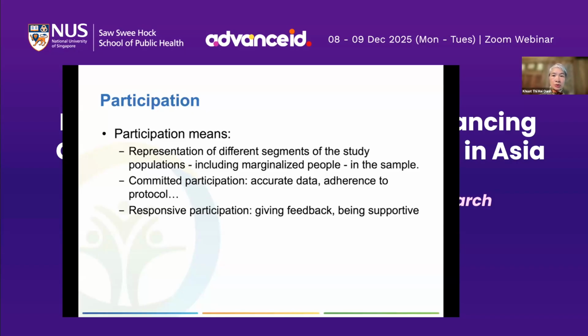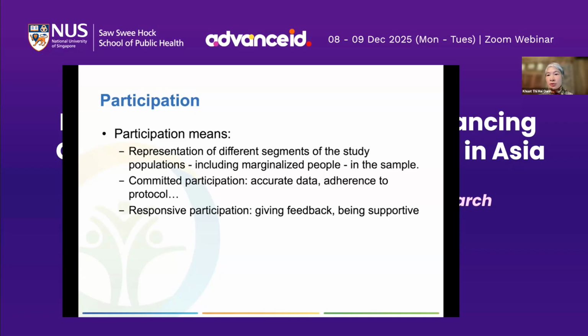And then we would like to achieve committed participation. We want them to give us accurate data. They don't tell us information which is not true. They adhere to the protocol.